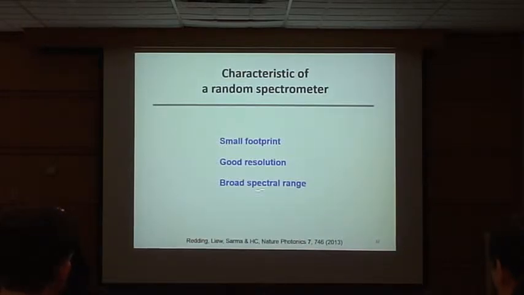And also we can have a broad spectral range, meaning that multiple scattering happens for any light. So if I can calibrate my random spectrometer for all different wavelengths, I can store them in my computer. Then I say, okay, now I'm trying to measure in this frequency range. I just take out this part to construct my transfer matrix, so I can measure many different frequencies using the same structure after the calibration.